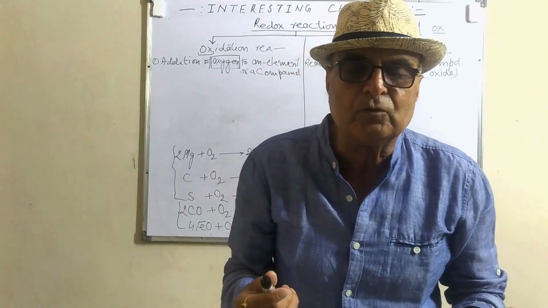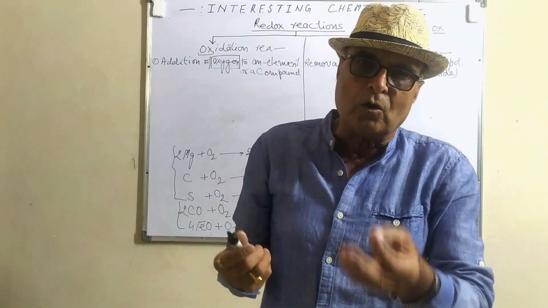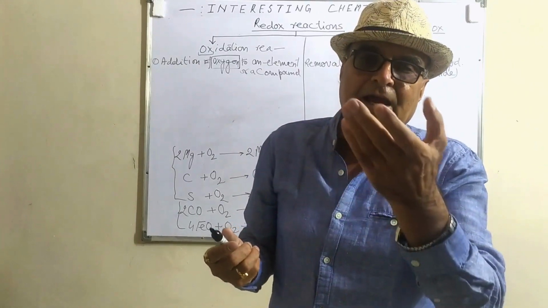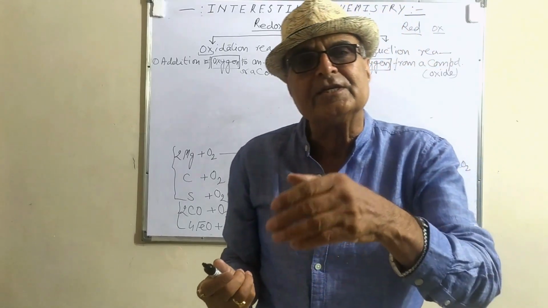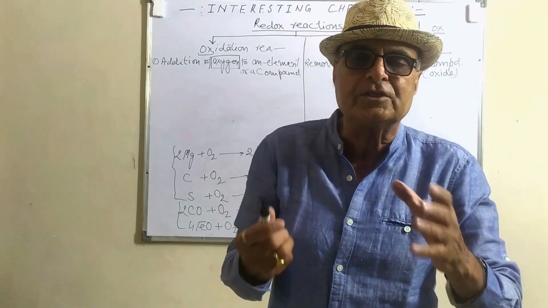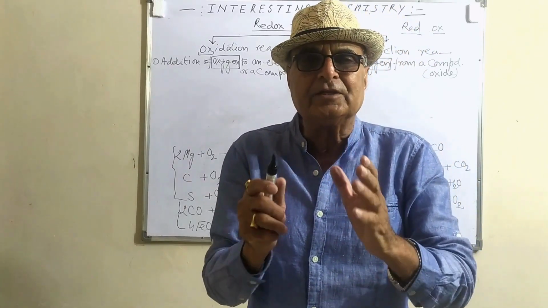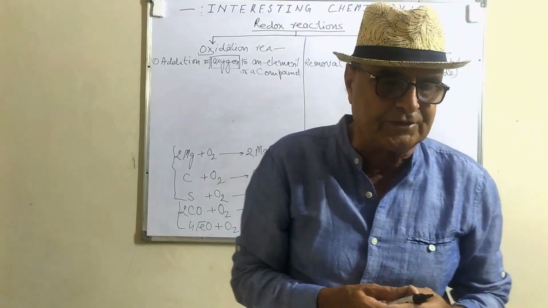So very simple. What are oxidation and reduction? Oxidation is an addition of oxygen, and reduction is a removal of oxygen. So in this way, I think that you have understood about the oxidation and reduction.